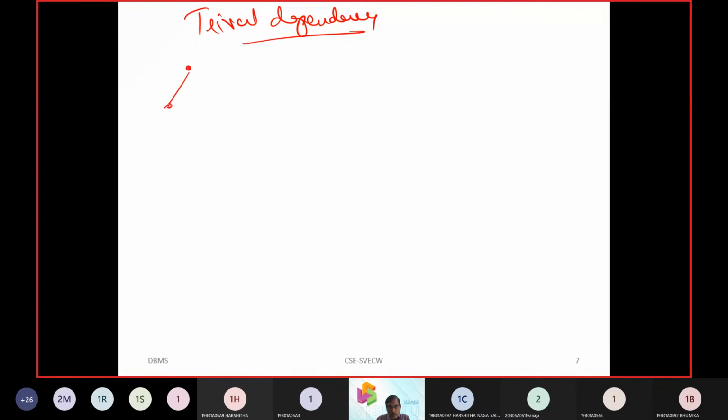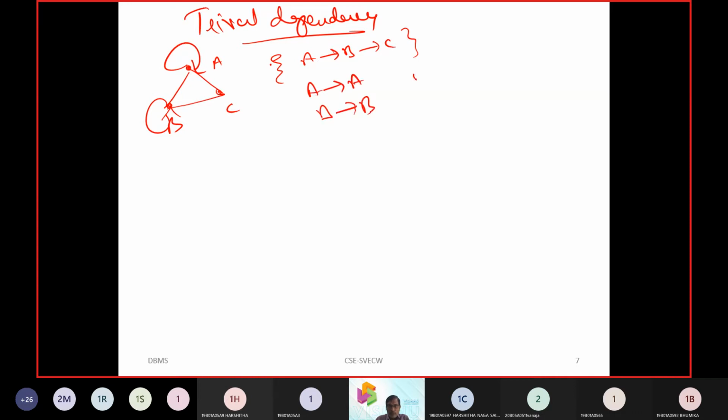There is a graph A, B, C. Then the set, we can have A to B to C. Then we can have A to A, A to B, and A to C, right? Now, B to A, B to B, and B to C. Now, what is this?